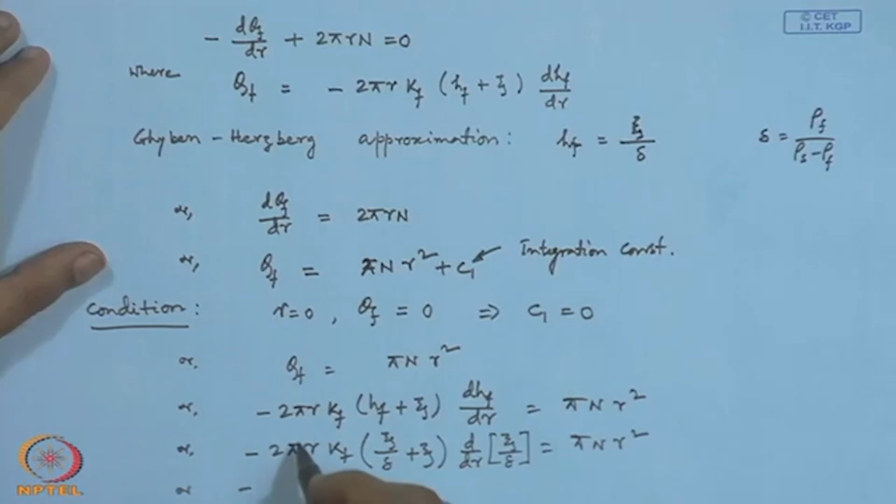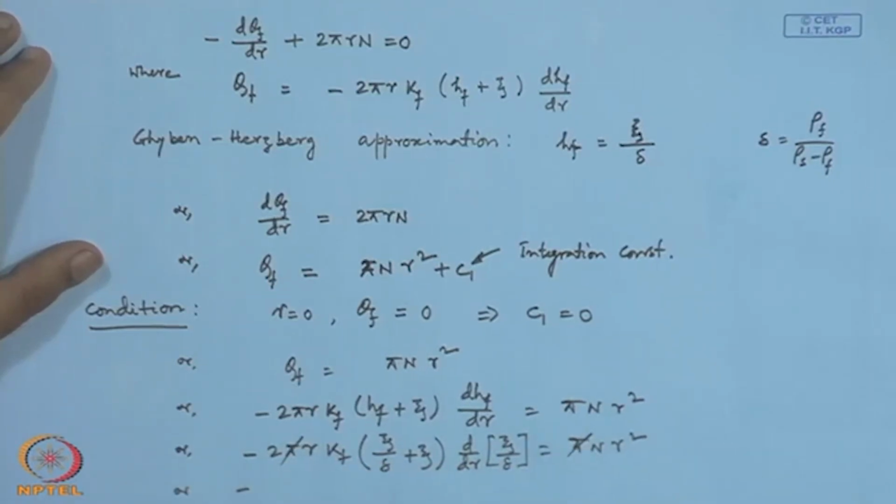or we can write it as, pi cancels from both the sides.